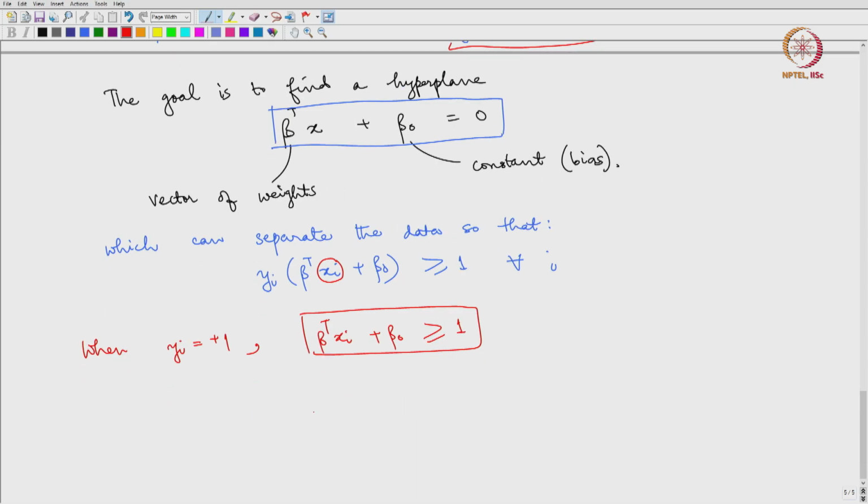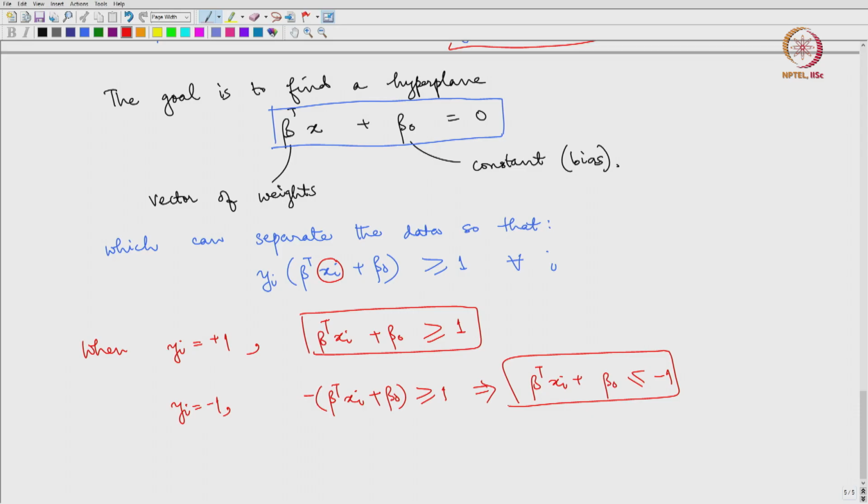When yi equals minus 1, the condition is that minus of beta transpose xi plus beta naught is greater than or equal to 1. You can multiply throughout by minus 1, but when you multiply by a negative number, the sign of the inequality flips, right. So, this becomes beta transpose xi plus beta naught less than or equal to minus 1. So, these are the two conditions that are going to be satisfied.